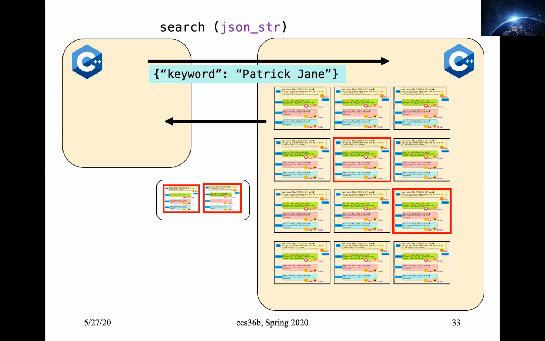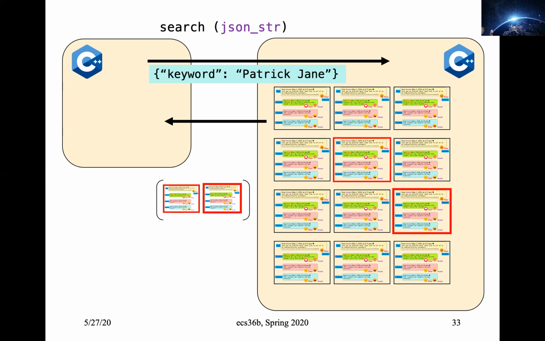So I'm using that keyword to do the search. Over here, I'm going to find using the map. I found there are two entries that contain Patrick Jane. The result is going to be an array of JSON, with two post JSONs, number 1 and number 2.